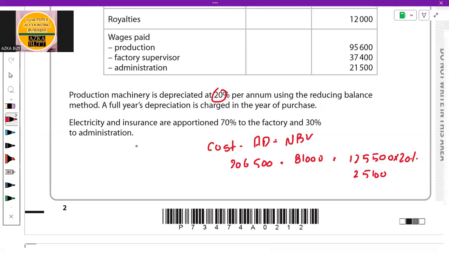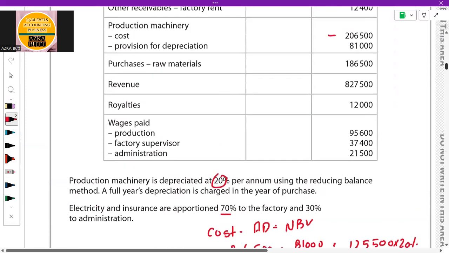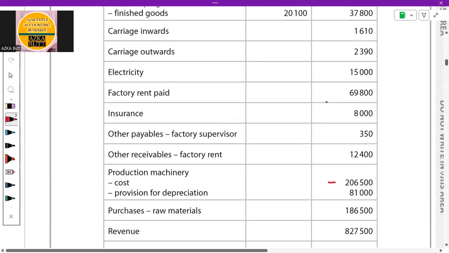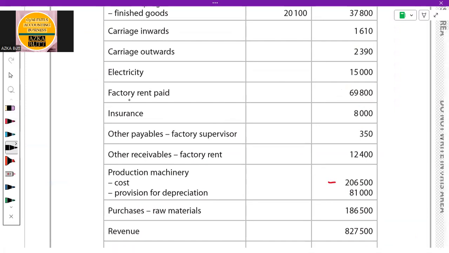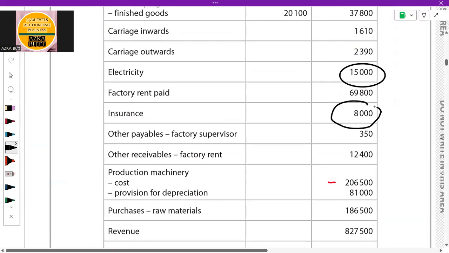Electricity and insurance are apportioned 70% to the factory and 30% to administration. As you can see, this is $15,000 for electricity, and for insurance it is 8,000.